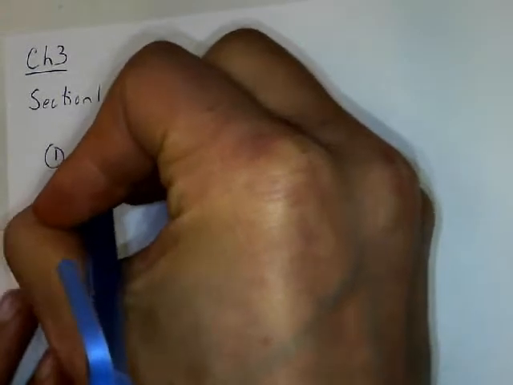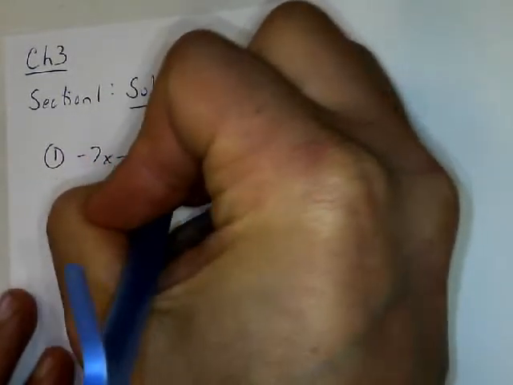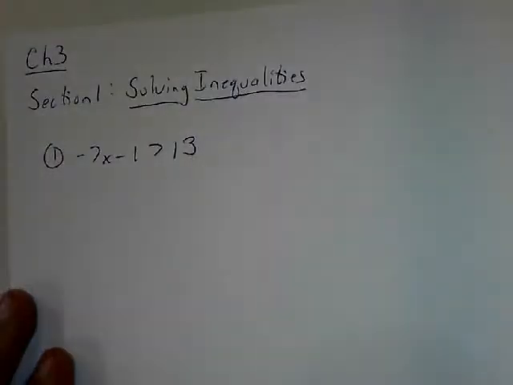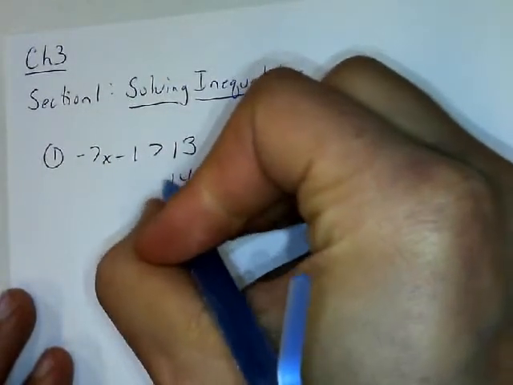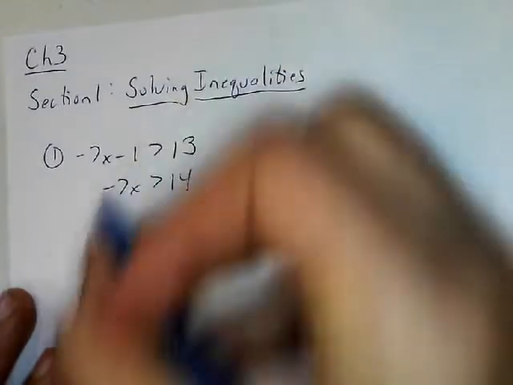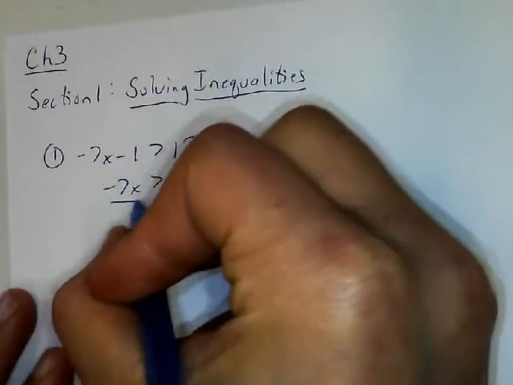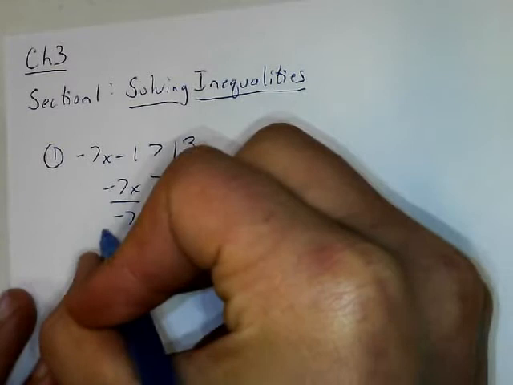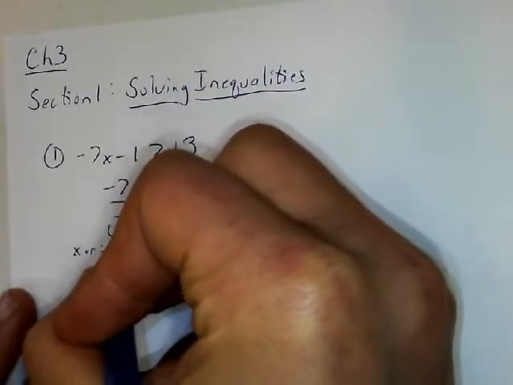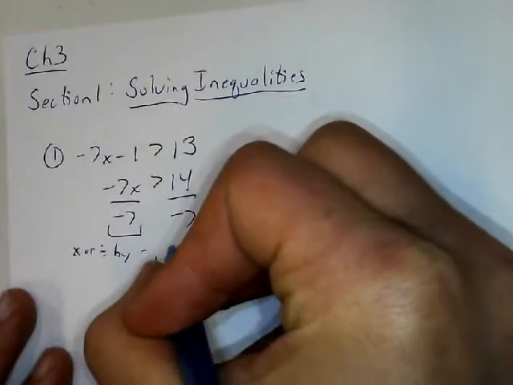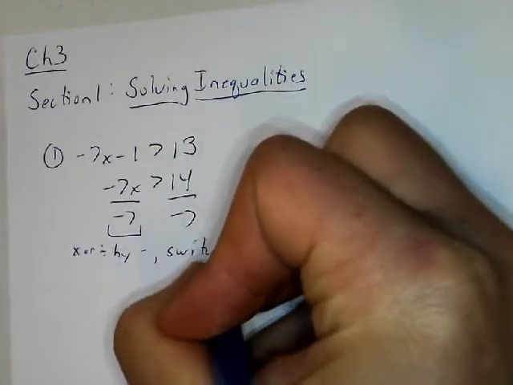Number 1. Let's solve negative 7x minus 1 is greater than 13. If we solve this, just like before, we add 1 to the equation, and we divide by negative 7. Remember, when you divide or multiply by a negative, you must switch the signs.